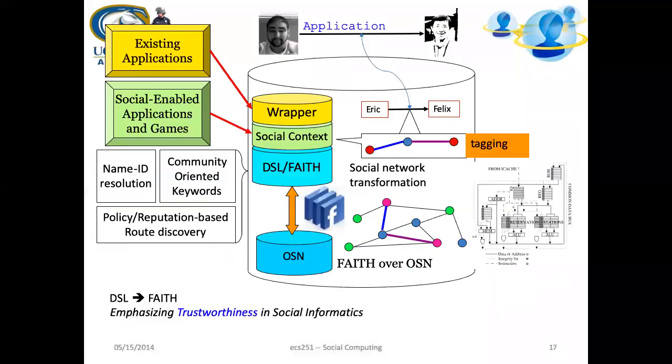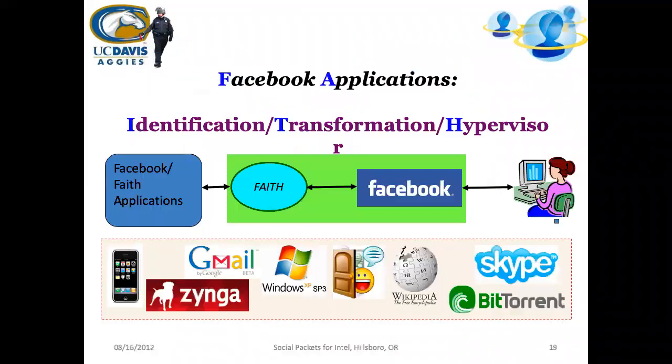The other thing I forgot to show you is the program to do this kind of conversion. Ideally, instead of letting the application directly connect to Facebook, we want to be the gateway, or the network address translation or firewall, in between all these applications and Facebook itself on behalf of the user.